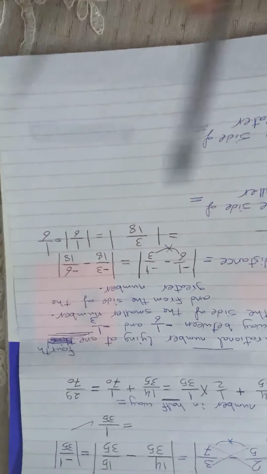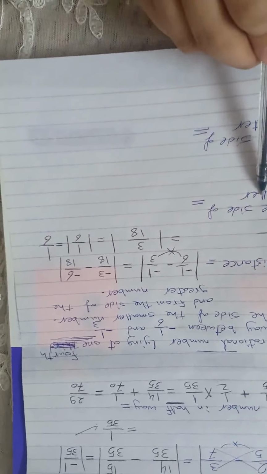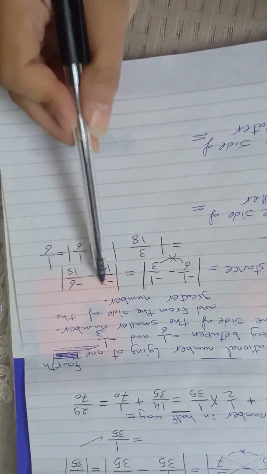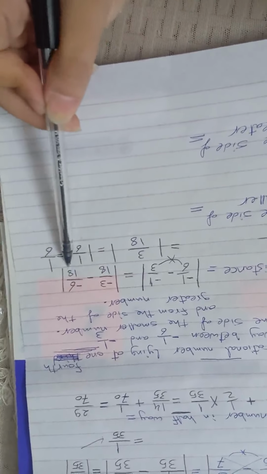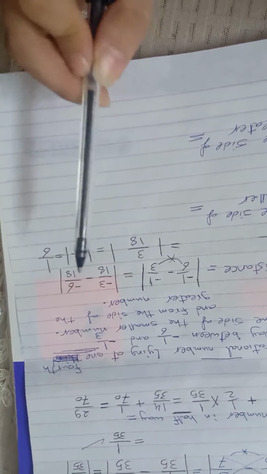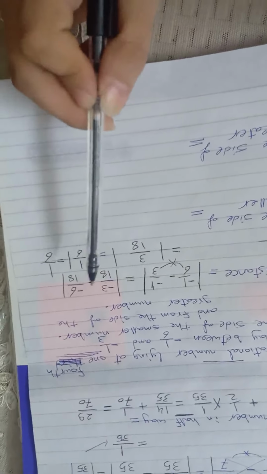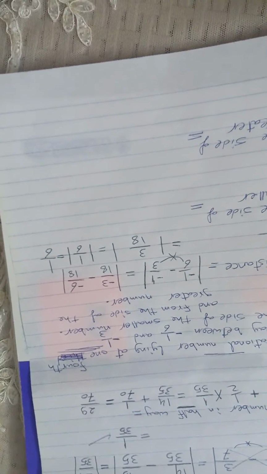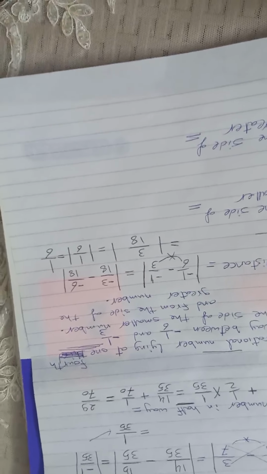Okay? From the side of the smaller, what is the smaller number, -3 over 18 or -6 over 18? Okay, with negative numbers, it's the opposite. The bigger-looking number is the smaller number, and the smaller-looking number is the bigger number, in negatives only.